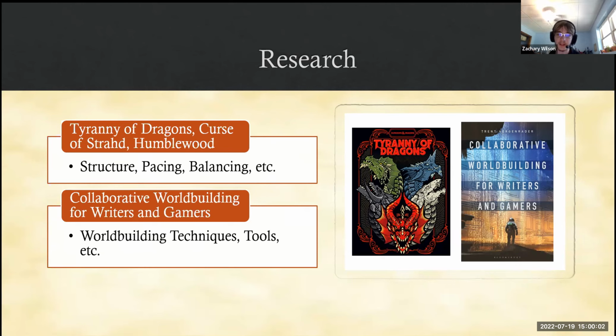The other book I've been referencing quite a bit is Collaborative World Building for Writers and Gamers, which was written by the professor who teaches the world building class.